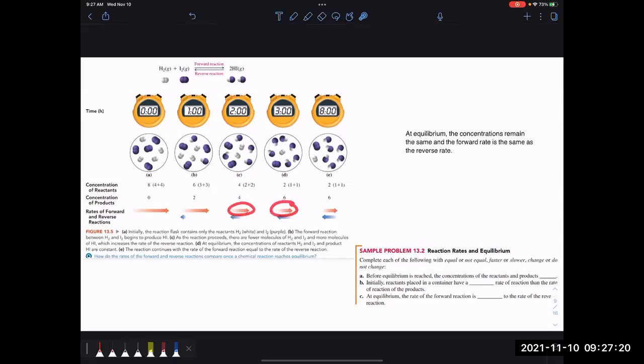As we react more and more of our reactants, our number of products increases, and so does the rate of that reverse reaction. Until we finally get to this point where it looks like at about 6, we've maintained some sort of equilibrium.